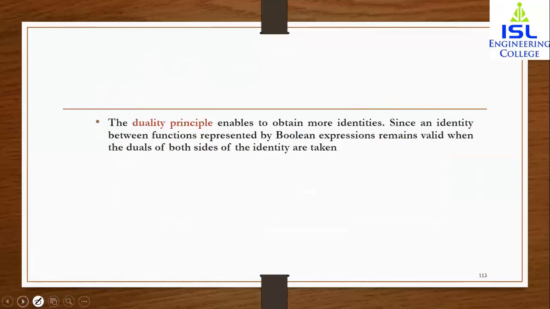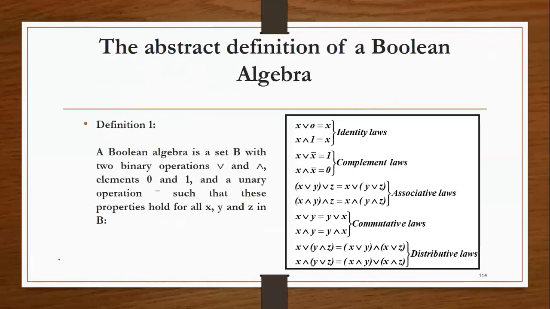So whenever we perform duals on an expression, it will help us to get more identities. Now, the last topic of the first part of your unit is the abstract definition of Boolean algebra. A Boolean algebra is a set B with two binary operations, OR and AND, elements 0 and 1, and a unary operation, negation, such that all these properties hold for x, y, and z.